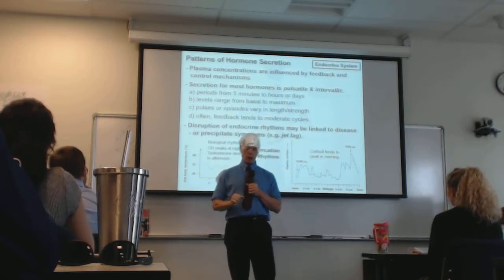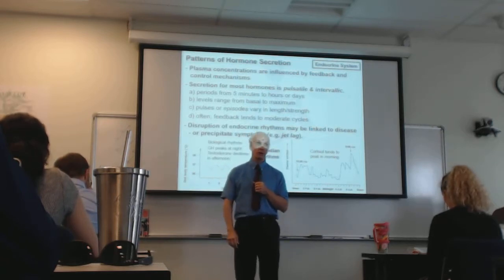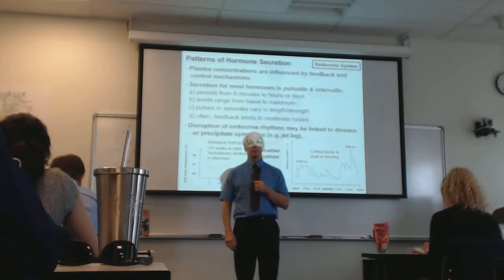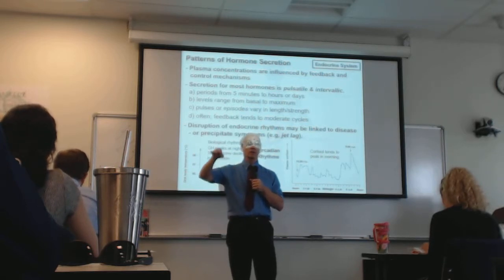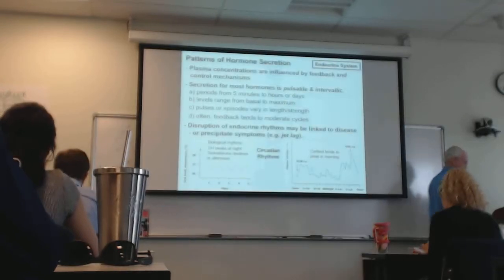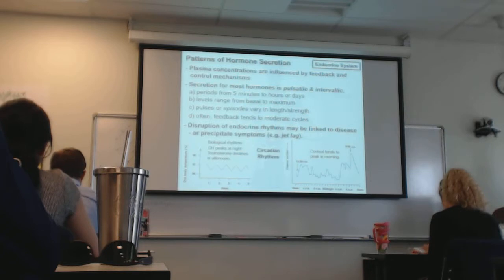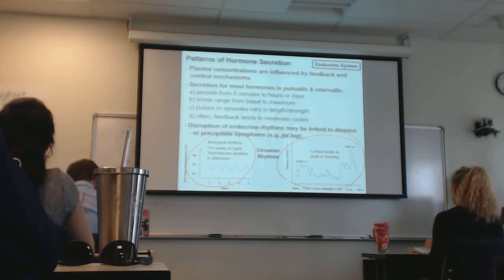So I just want you to be aware that there is a very complex sequence of rhythms that regulate release of virtually all the hormones that we will be talking about. You can see some examples here. Body temperature changes throughout the day over here, and here's the example of cortisol, peaking about 9 o'clock typically.